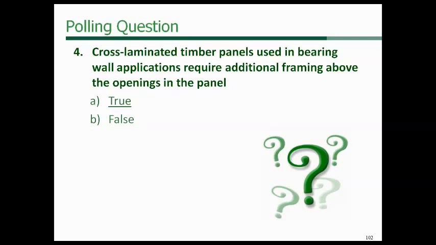They don't apply adhesive on the narrow faces of the panels. It's only on the wide face of the members. So between the layers, but not in the layers' individual members. So you do need to be aware that if you've got a bearing wall in CLT that's got a header application, you will need to use something other than CLT to carry that load.